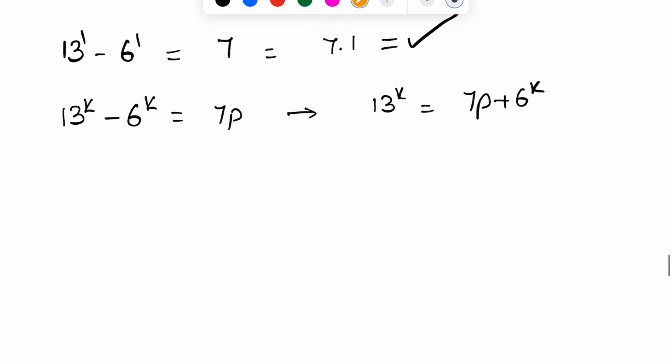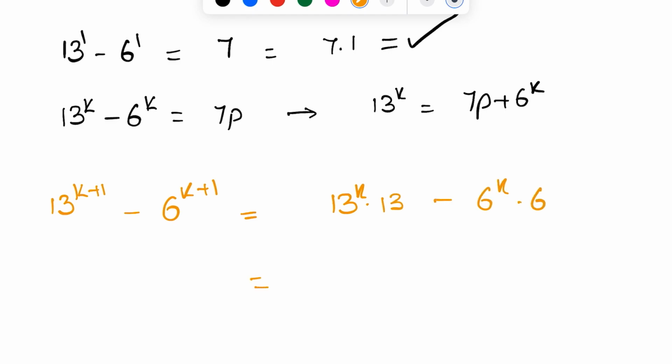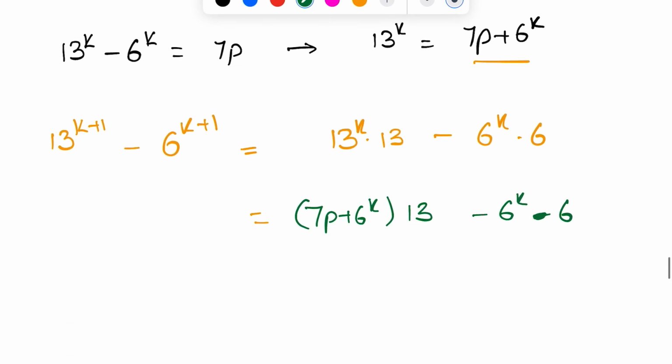Now we have to prove that it is true for n equals k plus 1. 13 power k plus 1 minus 6 power k plus 1 equals 13 power k times 13 minus 6 power k times 6. Now I make 13 power k the subject, so I can plug it in. It becomes (7p plus 6 power k) times 13 minus 6 power k times 6.